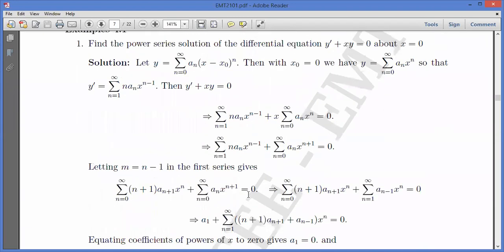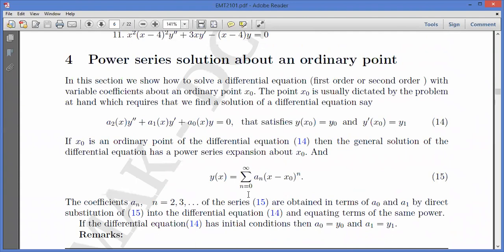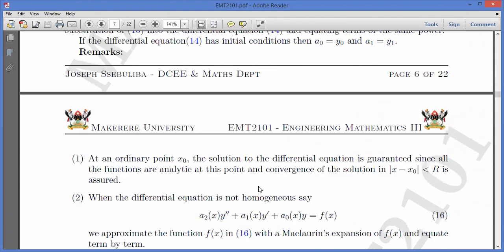So where do we stop? You could stop anywhere, but sometimes the question may be specific, that you sum up to n equal to 6 or up to n equal to 7. That helps to have uniform, consistent answers. But otherwise, if it is open, one may stop at n equals 6, another at n equals 7, another at n equals 5. But the minimum could be n equal to 5.